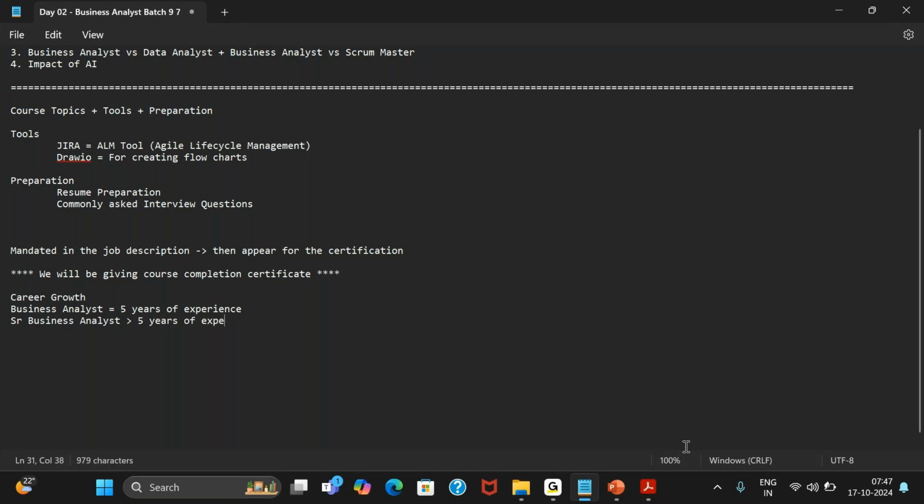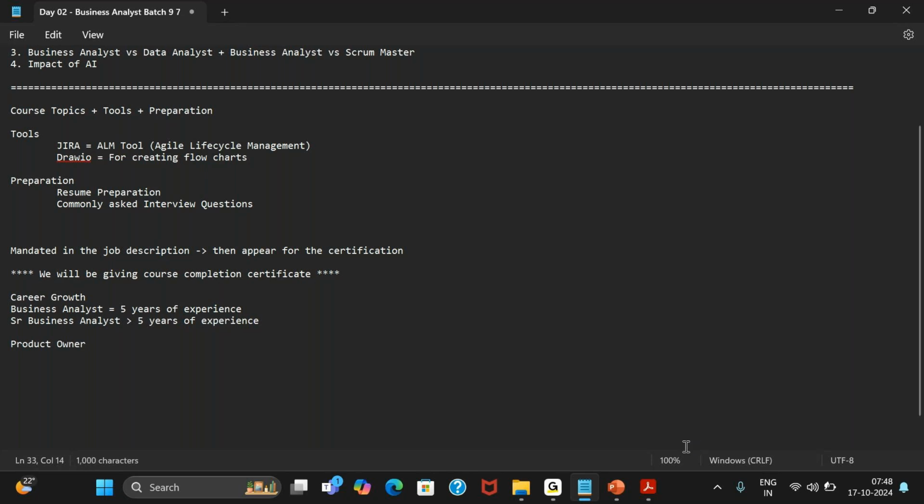Now the next phase could be, and that may introduce a shift in not just your career expectations but your pay structure as well, the product owner role. Okay?